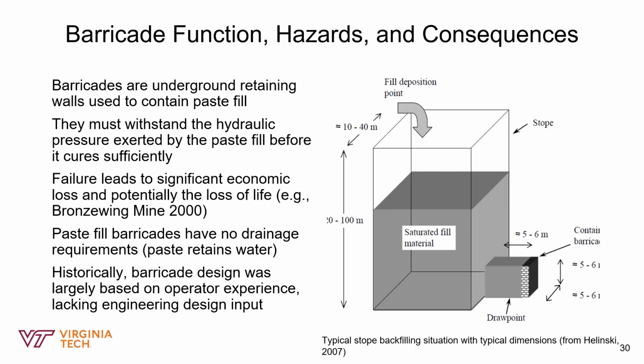And this slide mentions the Bronzewing mine disaster in 2000. In that case, a barricade burst and thousands of tons of mud flooded the mine, and it led to the killing of people, and equipment was destroyed as well. So it's very important to ensure the stability of the barricade.